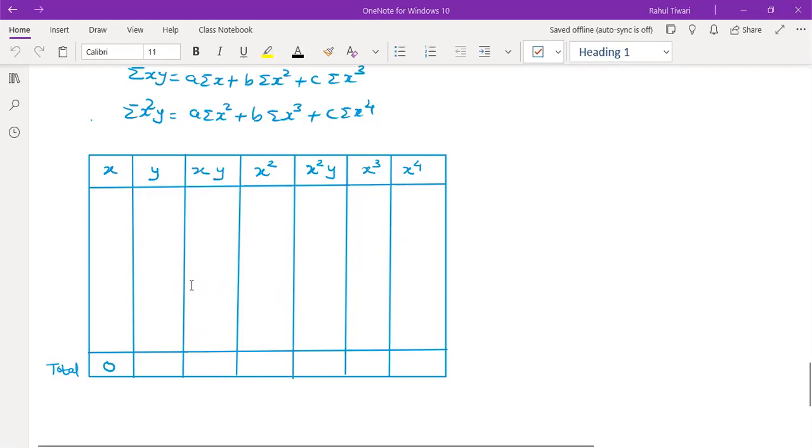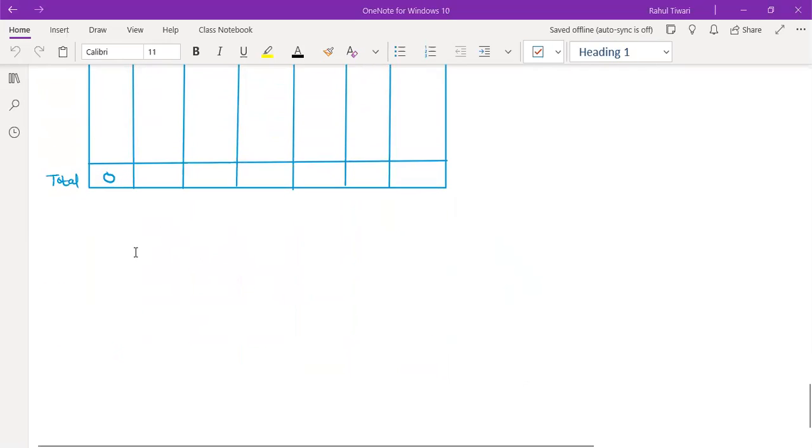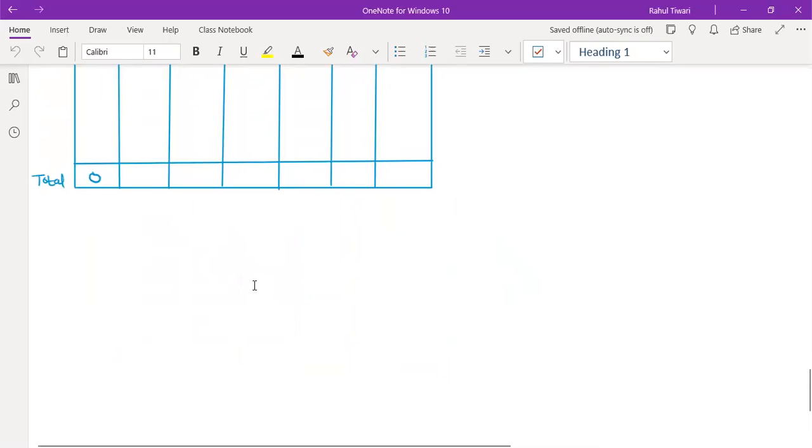I do not have the entire solution, but I can tell you the answer for A, B, C. So you can verify this answer.